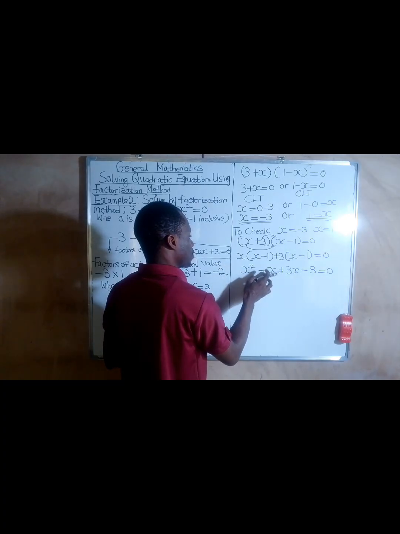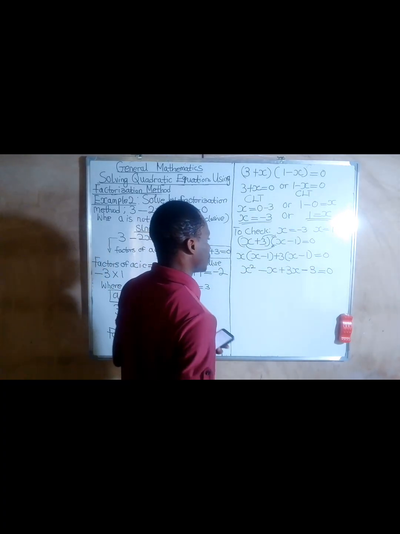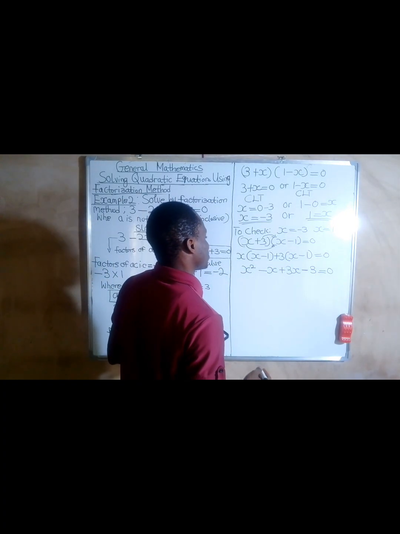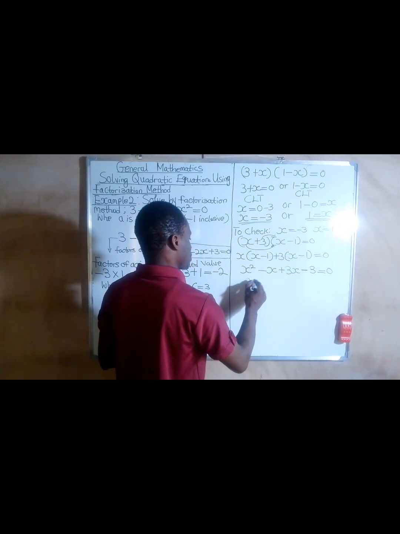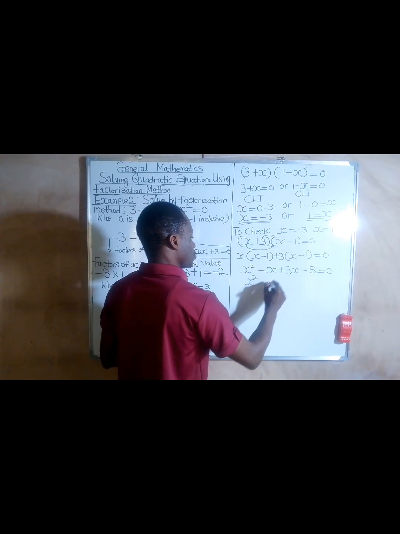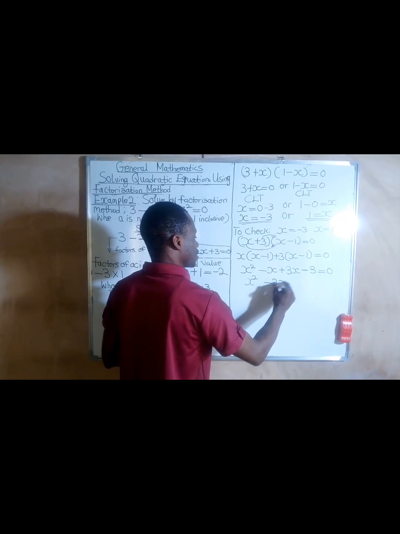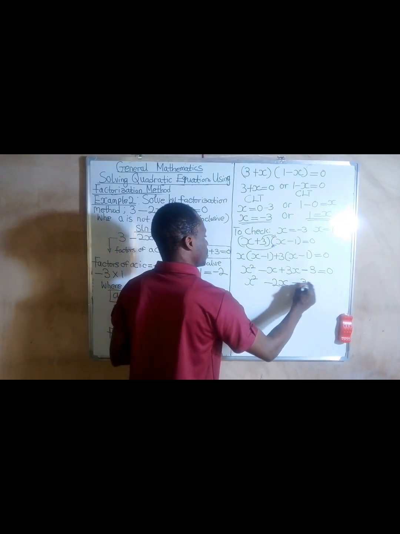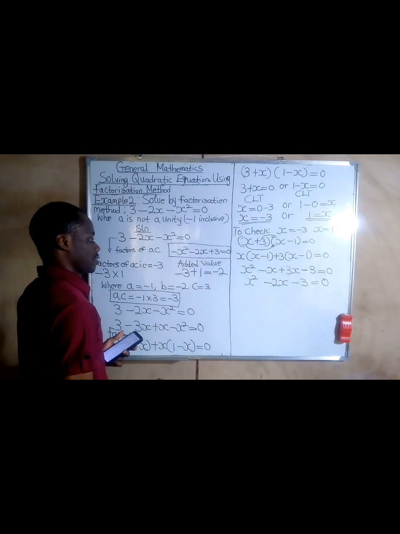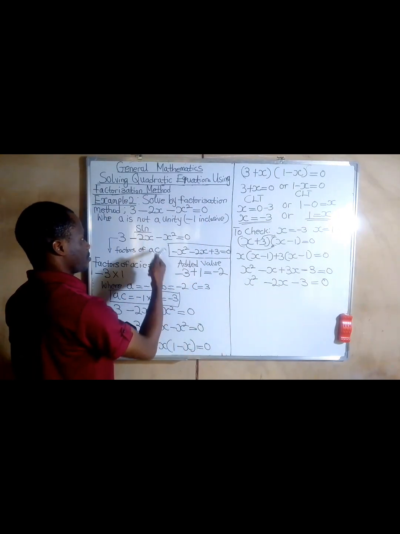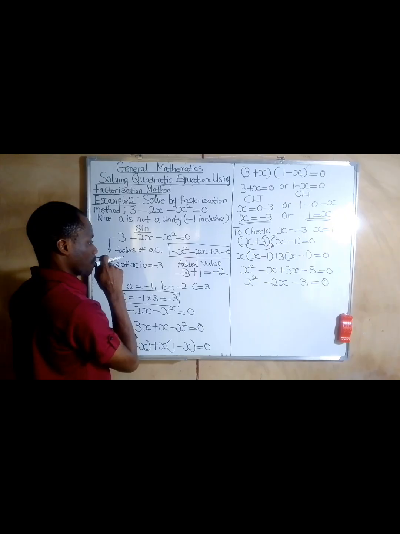x times minus 1 is minus x, plus 3x, then plus times minus gives minus 3. Okay, now x squared plus 2x minus 3 is equal to what? 0. Now we have something like this, and you might think it's not the same, right?